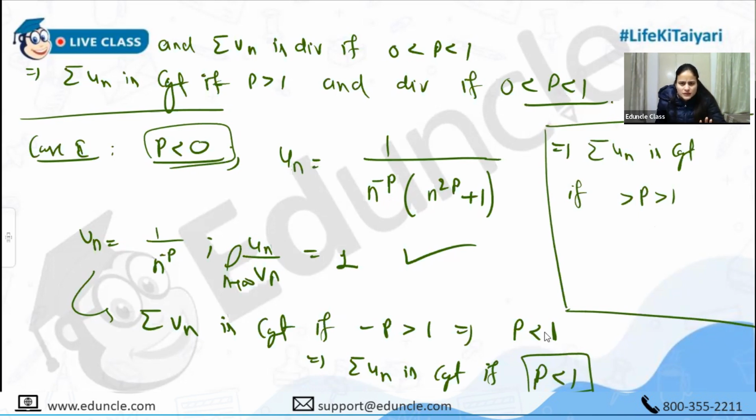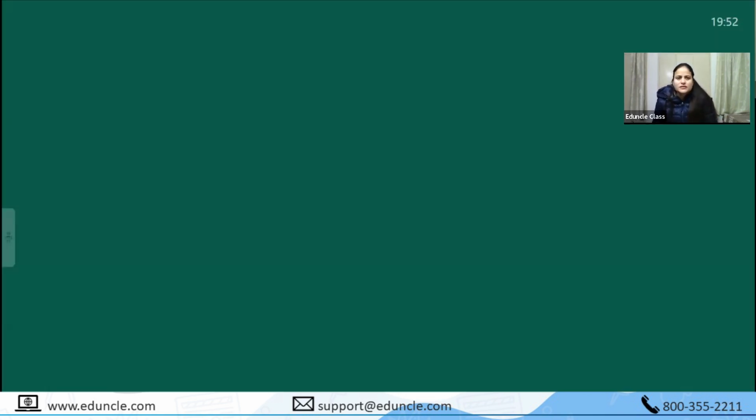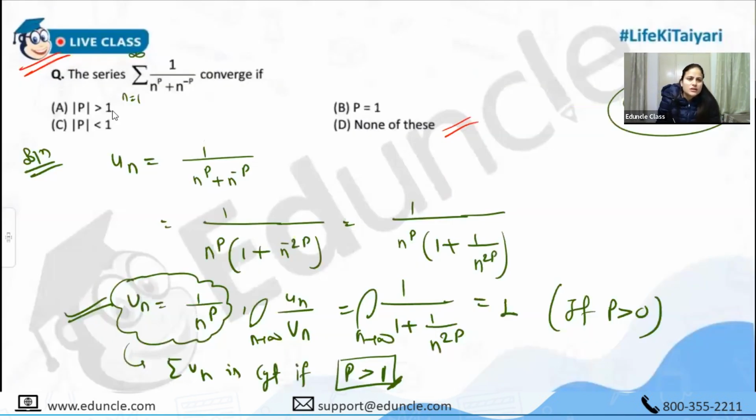Sorry, p is less than minus का 1, sorry, हाँ, correct ना? p is less than minus का 1, करेक्ट ना? यहाँ से देखो दोनों तरफ माइनस से मल्टीप्लाई कर दोगे, p is less than minus का 1. यस, so p is greater than 1 and p is less than minus का 1. That means mod of p is greater than 1. Correct है? So my series will be convergent when mod of p is greater than 1. So I have only A option is correct.